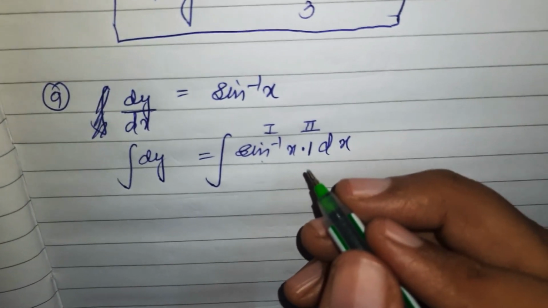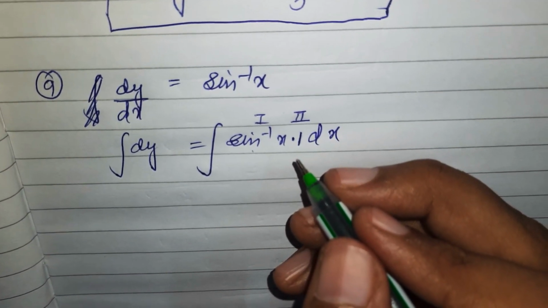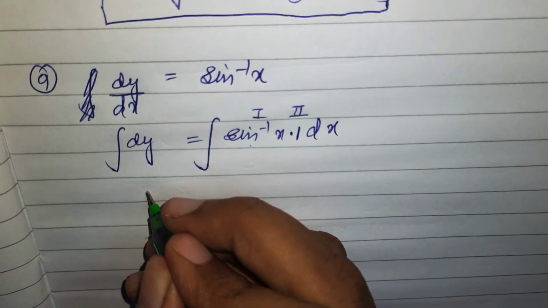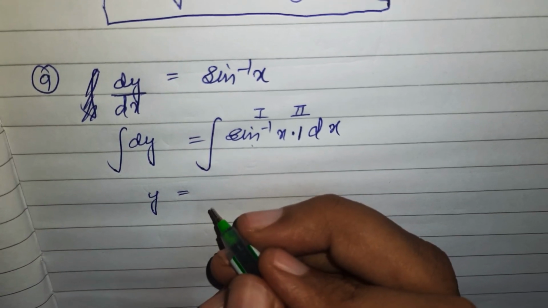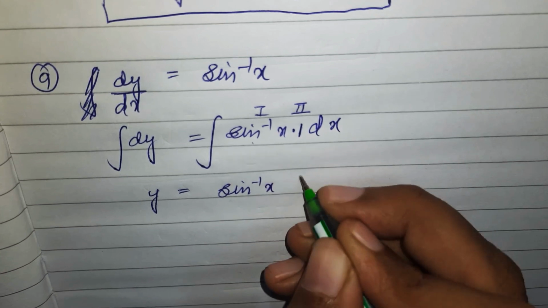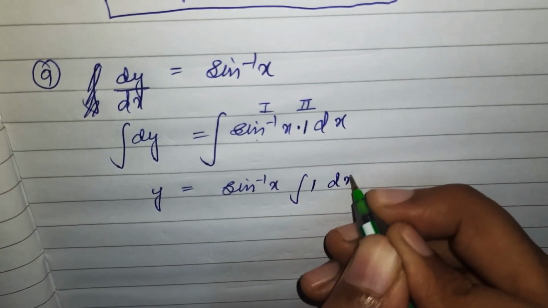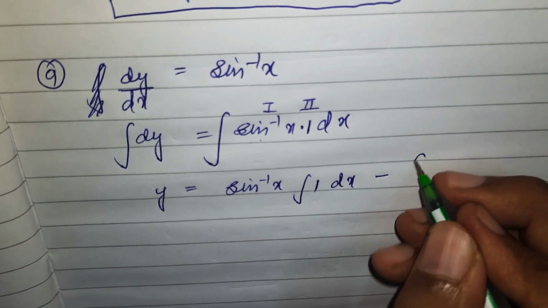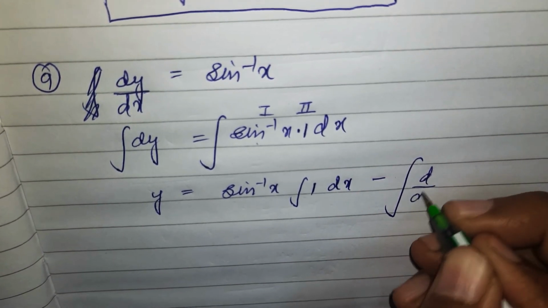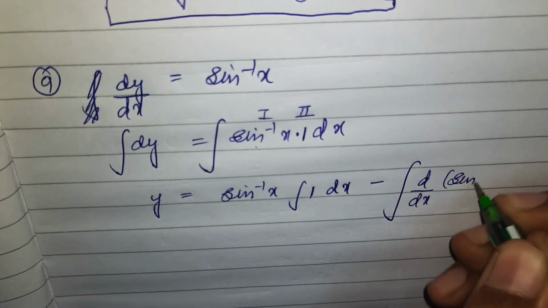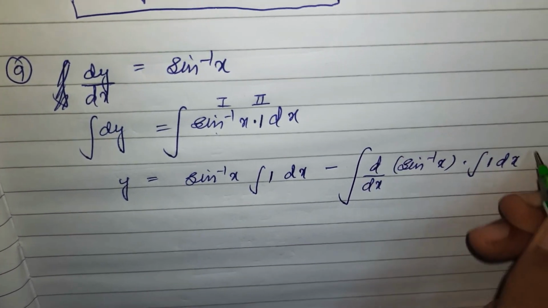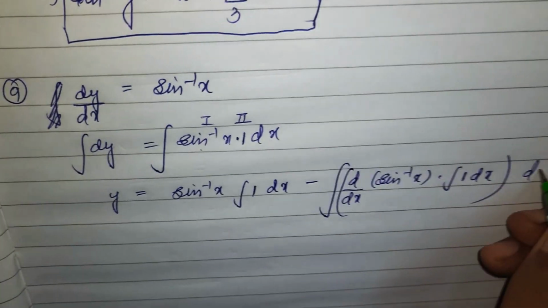So if I want to apply by parts, this will become y equals first function same, integration of second function, minus the integral of differentiation of first function into integration of second function, whole dx.